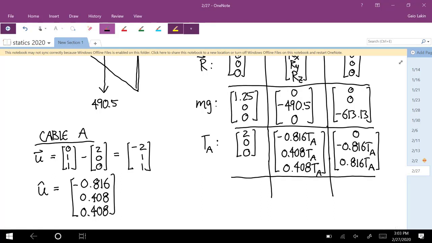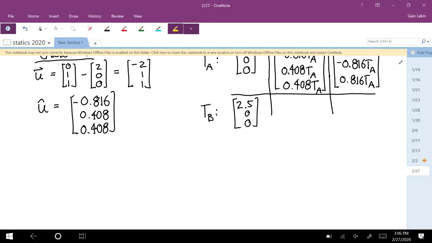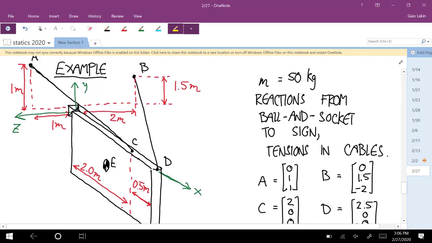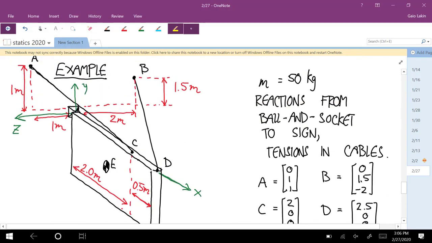And then the last force is the cable B. So now TB. The position vector is 2.5, 0, 0. And now we have to do the unit vector thing again for cable B. First, a vector that's in the direction of this cable. We want our unit vector to go from B to B. So we're going to do that as the coordinates of B minus the coordinates of B, and then normalize it.